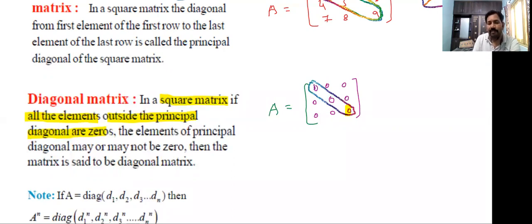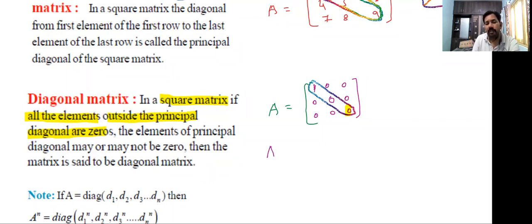So finally, a null matrix is also a diagonal matrix only. So finally, except principal diagonal elements, each and every element is zero, we say that is a diagonal matrix.